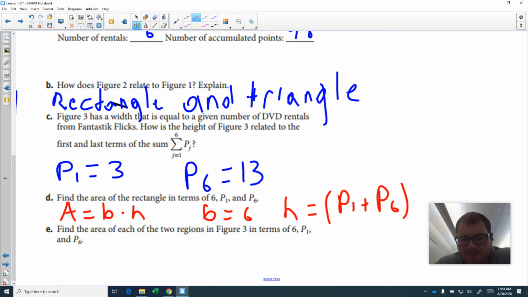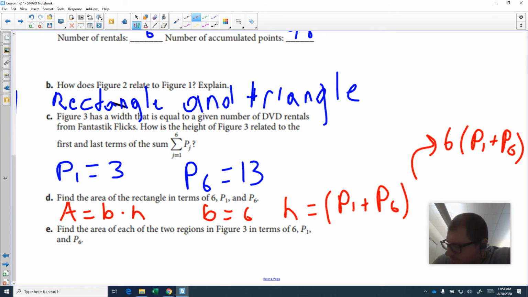Well, now I can develop a formula based off of that. If I plug those two in, isn't this really just going to come out to be 6 times P of 1 plus P of 6, right?